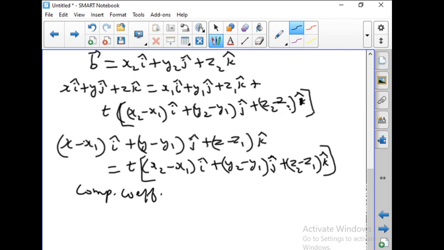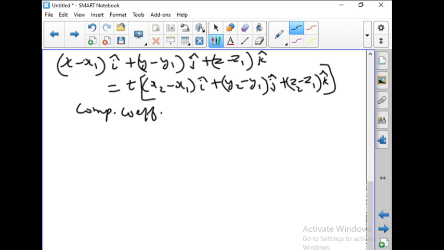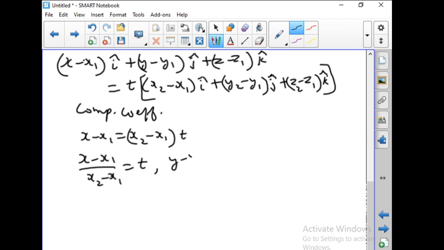of i cap, j cap, k cap, same as the previous one, what we have: x minus x1 is equal to t into x2 minus x1. So we have x minus x1 by x2 minus x1 is equal to t. In the same way, y minus y1 by y2 minus y1 is equal to t, and z minus z1 by z2 minus z1 is equal to t.